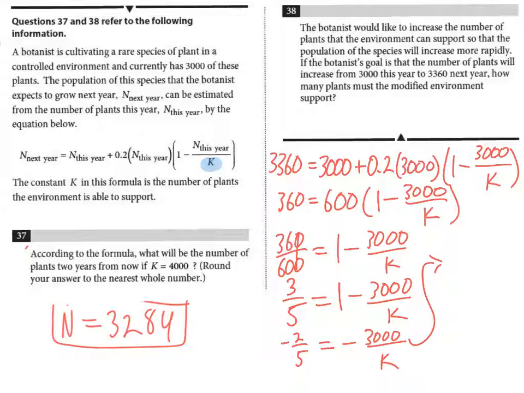I'll cross multiply and get negative 2K equals negative 15,000. Divide by negative 2, I get 7,500. So the environment needs to be able to support 7,500 plants for the population to be able to increase from 3,000 to 3,360 in a subsequent year.